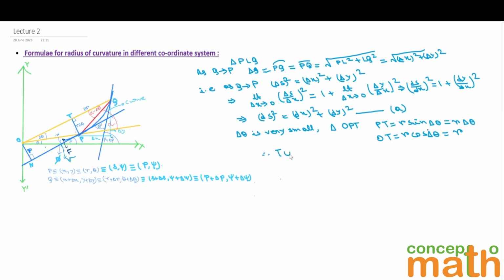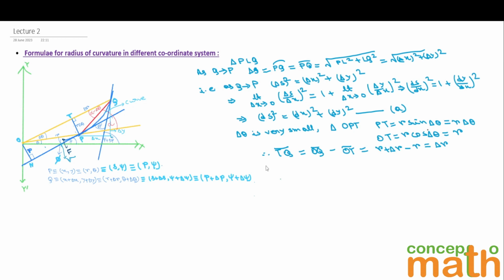Therefore, the length of TQ will be OQ minus OT, which is r plus delta r minus r, which is delta r.